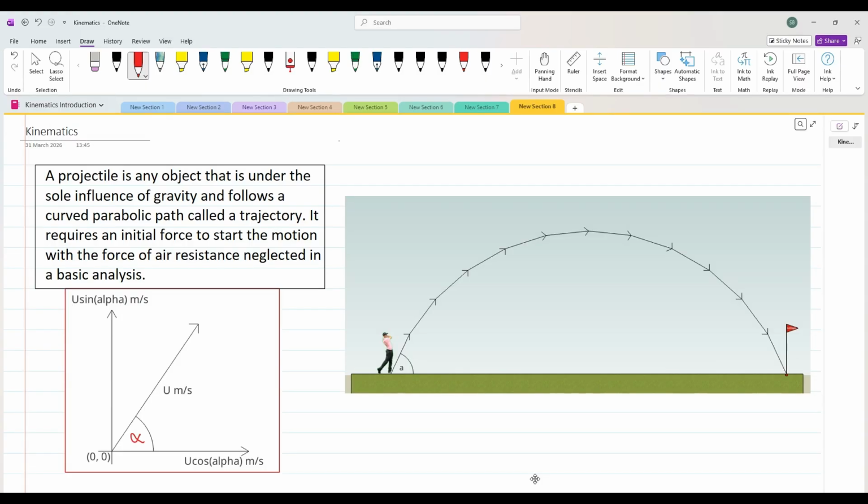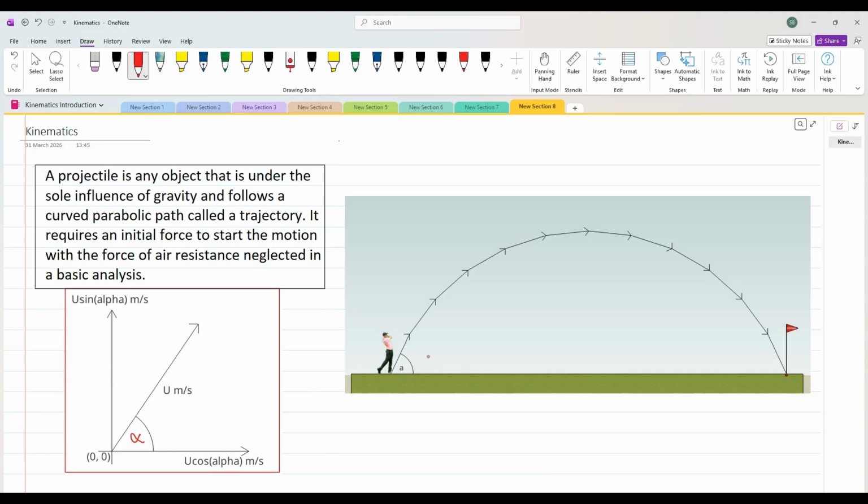Now, there is a major difference in the analysis when compared with objects moving solely in the horizontal plane. Because of the angular nature of the trajectory, we must split the motion into vertical and horizontal parts. Therefore, we will call upon the trigonometric functions sine and cosine. For the analysis in the vertical direction, we use sine, and for the horizontal, we use cosine, as we can see in the graph at the bottom here. So, for example, say we were given an initial velocity u that moves in the line of the angle alpha.